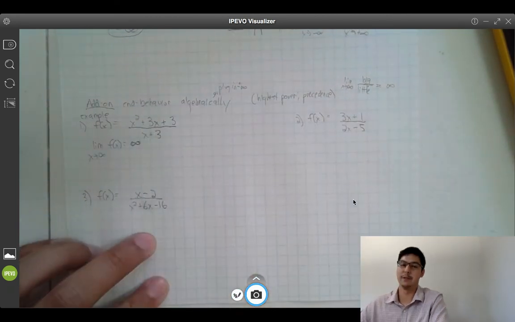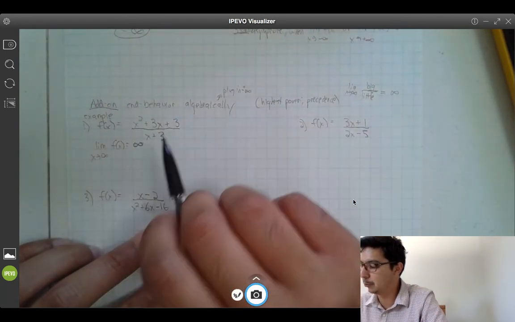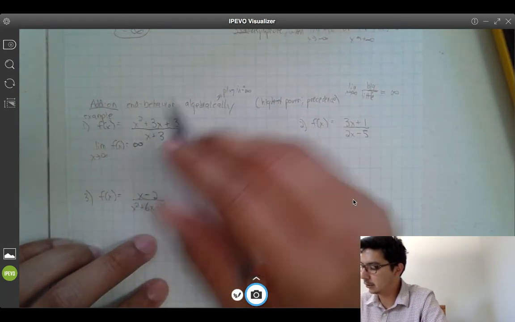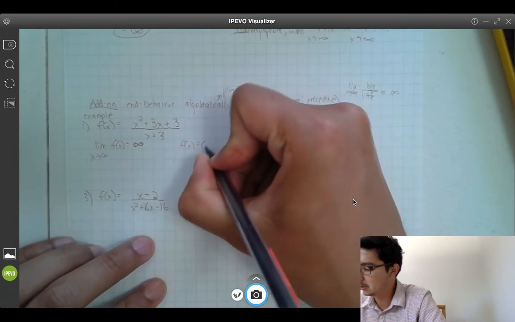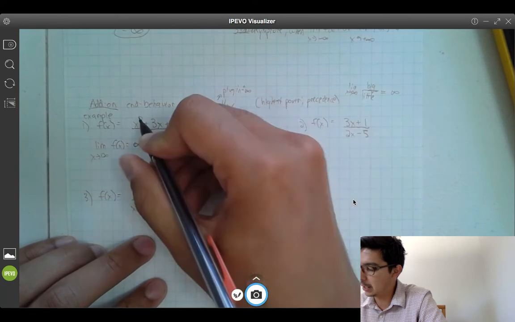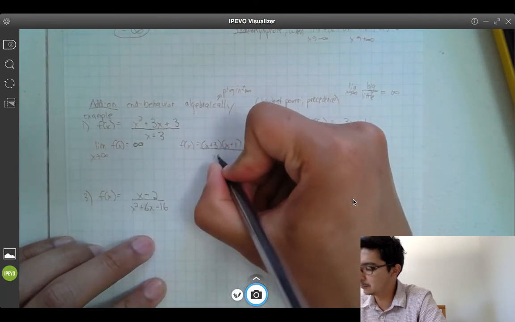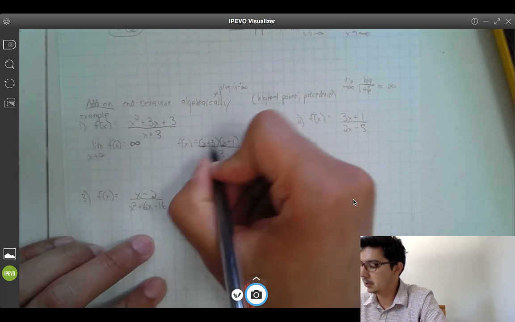And how do we know the slant asymptote, if we wanted to know it, like I talked about in the previous video? So we're going to factor the top here. This is actually going to make f of x equals (x plus 3)(x plus 1). A little trick with factoring binomials to the second power is the first two always have to multiply to the first, so x and x is x squared.